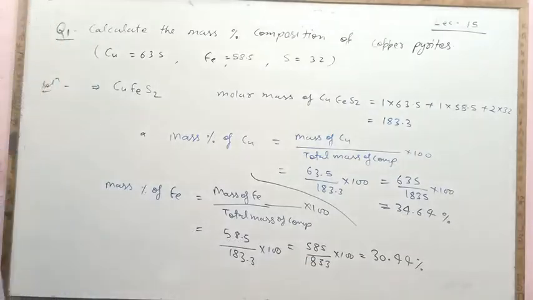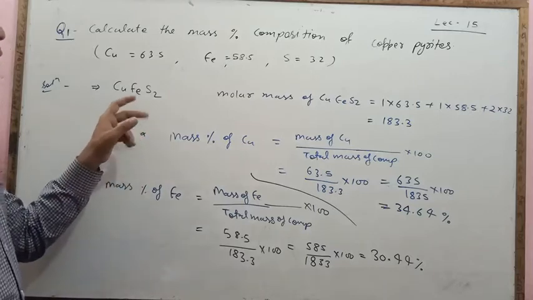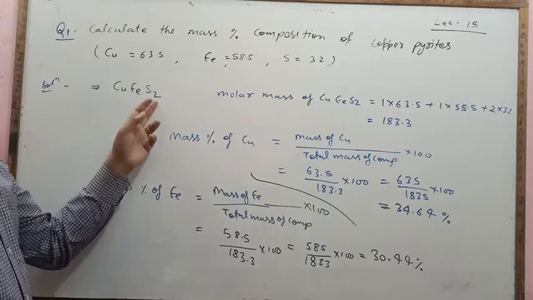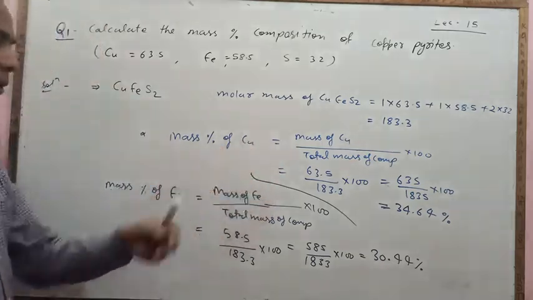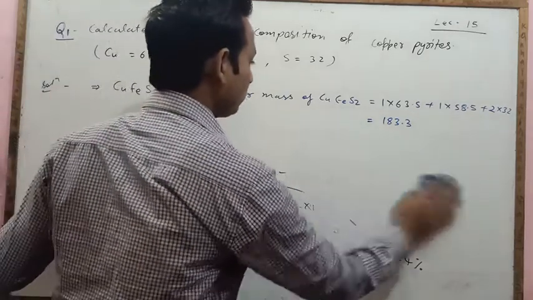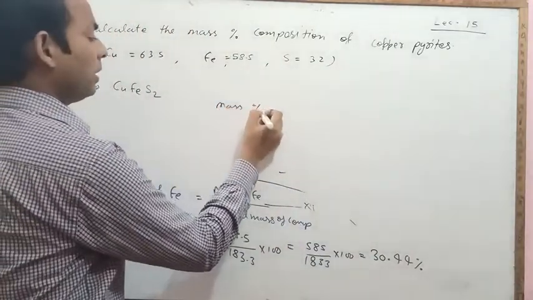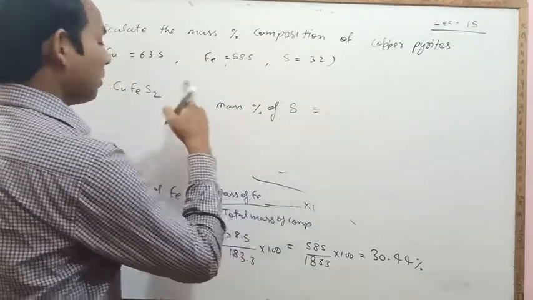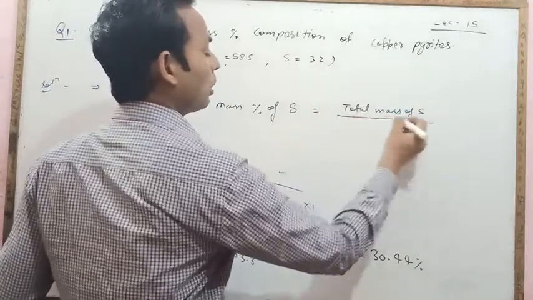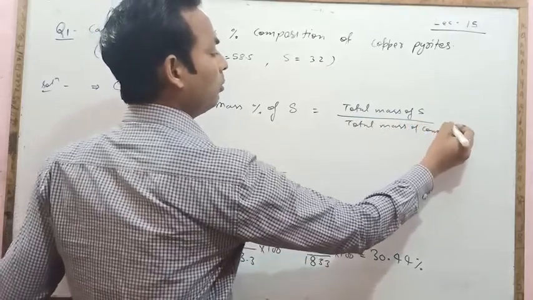Now one more element is there, that is sulfur. So how to calculate the sulfur? You know 1 mole of the compound, 1 mole of copper pyrite, consists of 2 sulfur atoms. So how to do it? Same thing, mass percentage of sulfur equals total mass of sulfur upon total mass of compound into 100.